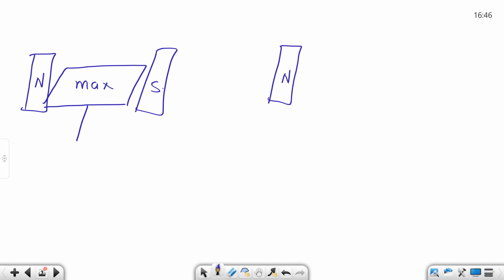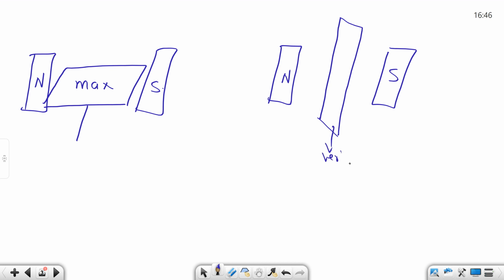If you have North and your South Pole and the coil is, I don't know if you can see what I've done. It's now standing vertical. So the coil is now what? Vertical. Is that fine? We are going to have what? Minimum. Sorry, 1 second. Coil is horizontal.